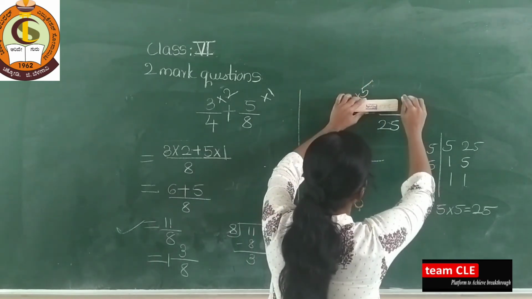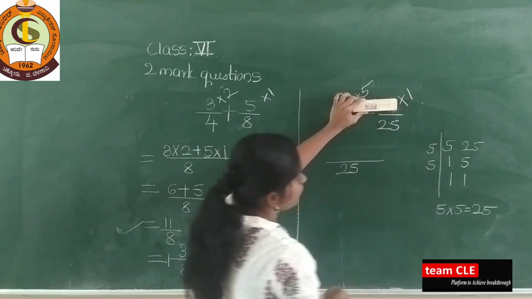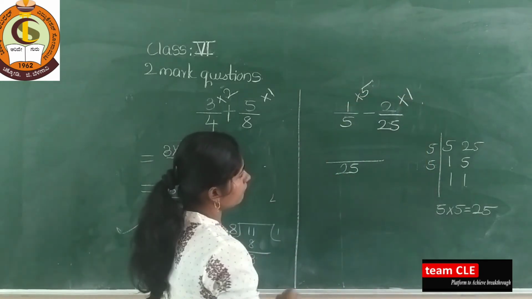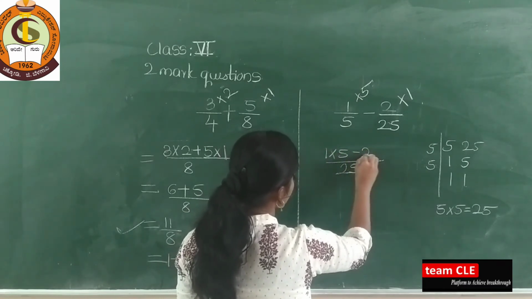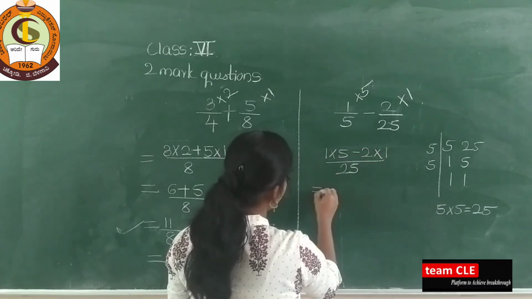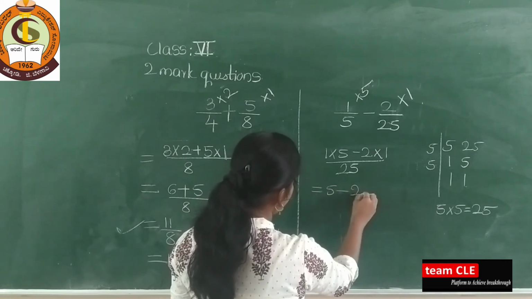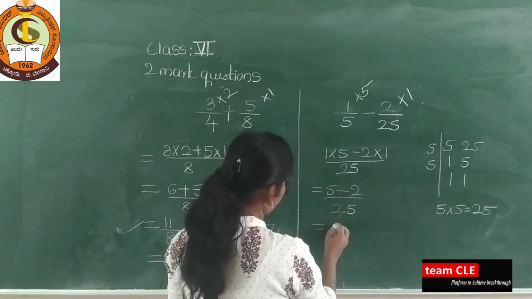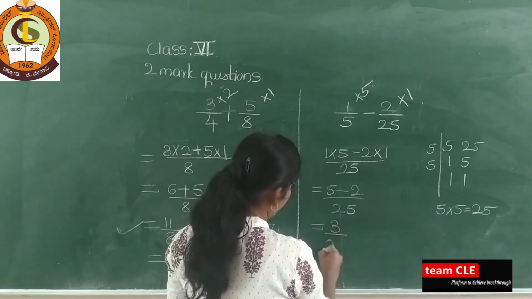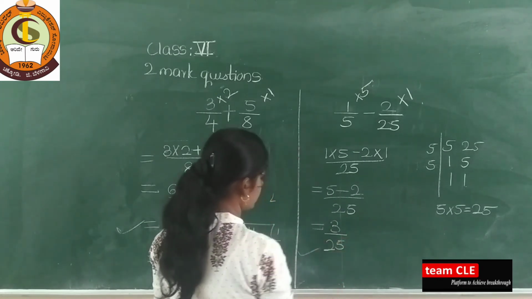Again hide this 25: 25 divided by 25 is 1, 25 ones are 25. Next you take 1 into 5 minus 2 into 1. 1 five is 5, 2 ones are 2, divided by 25. 5 minus 2 is 3, and here you write 25. 3 by 25 is the answer.